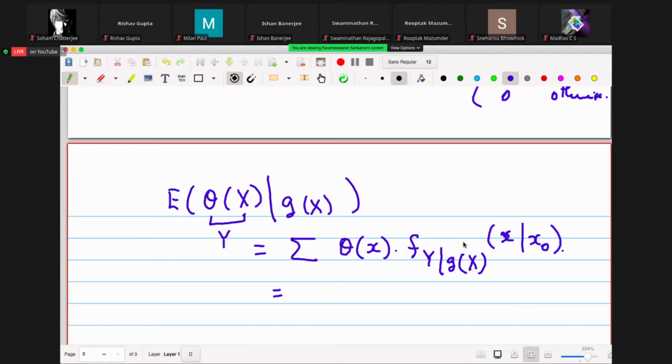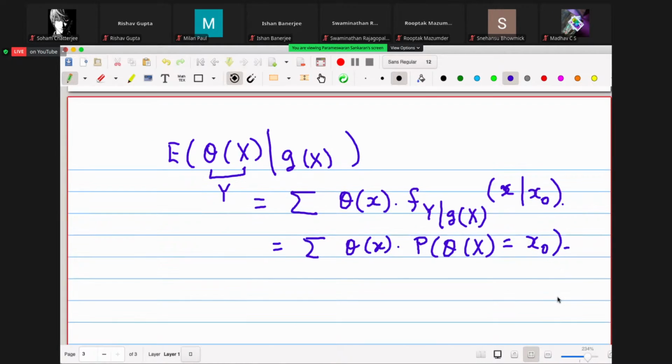So this is equal to theta of x. You see, this is equal to summation theta of x times the probability that theta of x is equal to x naught, is equal to theta of x naught.